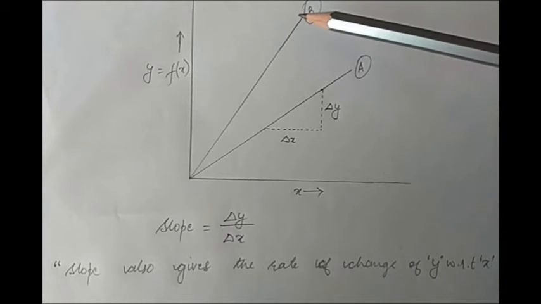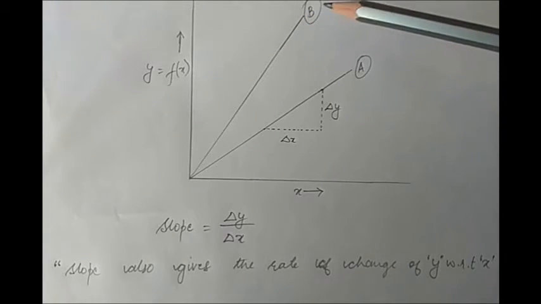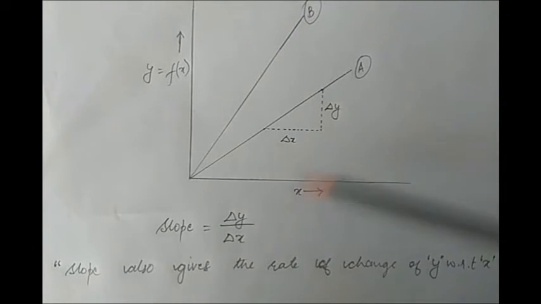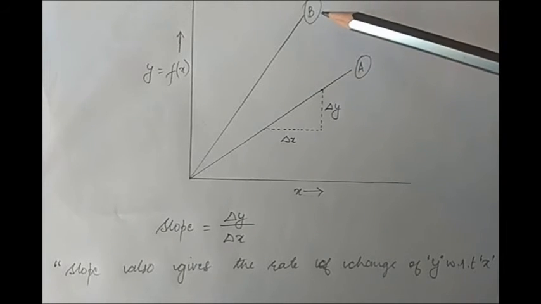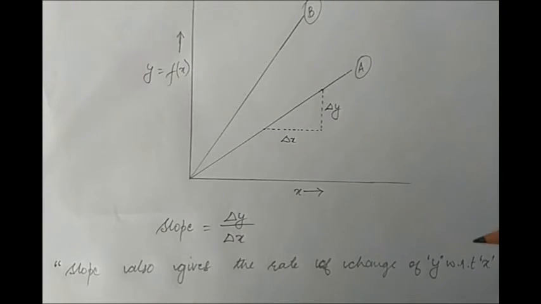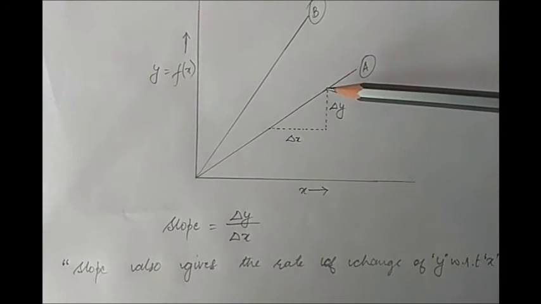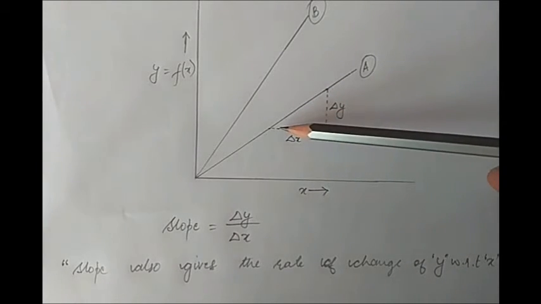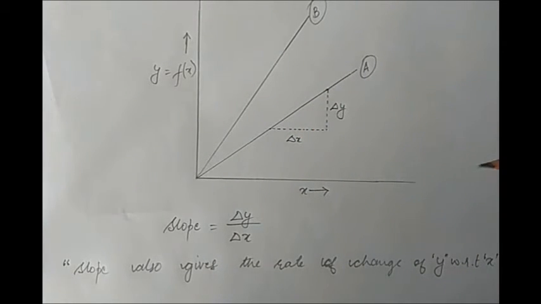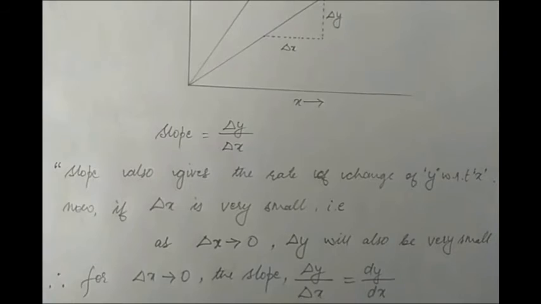If we find delta y by delta x for line B, we will see that this value for straight line B will be more than that for straight line A. Also, slope gives us the rate of change of y with respect to x. That is, what is the change in y as the value of x changes. So slope also gives us that.